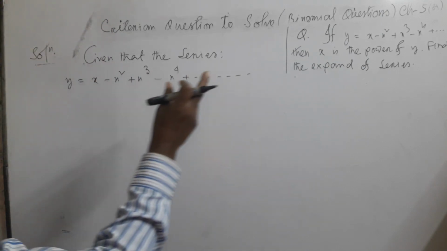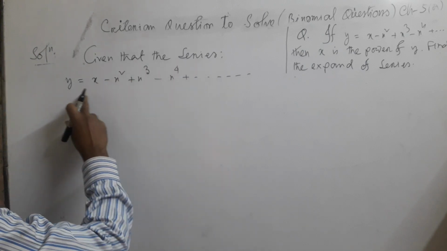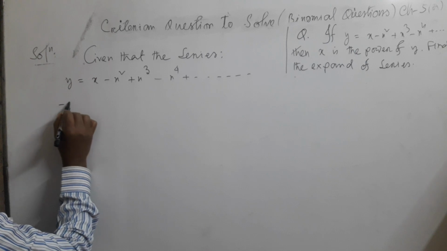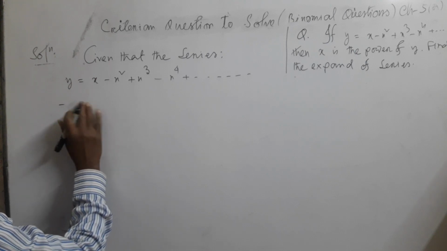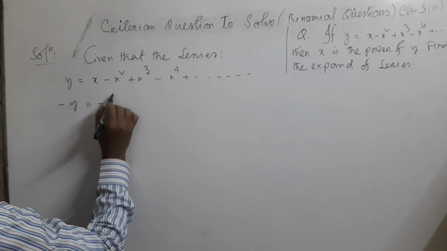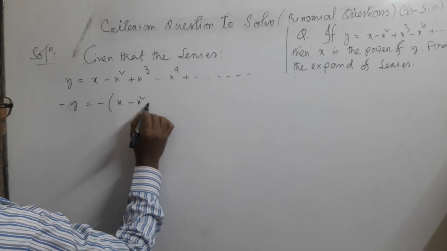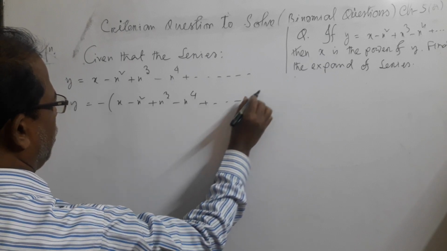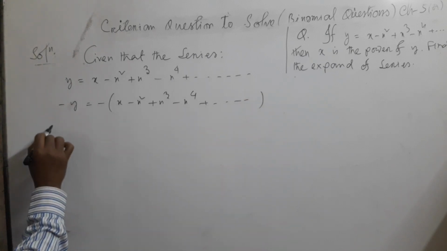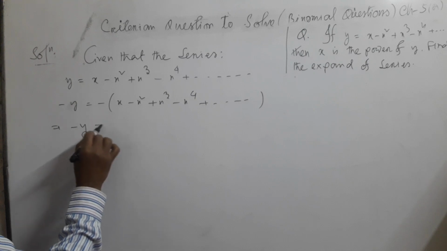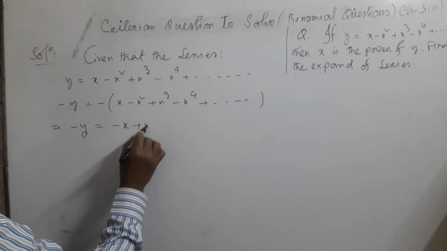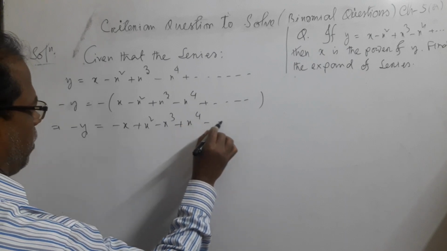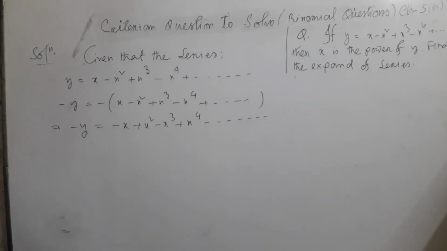So given that the series is y equal to x minus x square plus x cube minus x to the power 4 plus up to infinity. Multiply by minus 1: minus y equal to minus x plus x square minus x cube plus x to the power 4 minus dot.